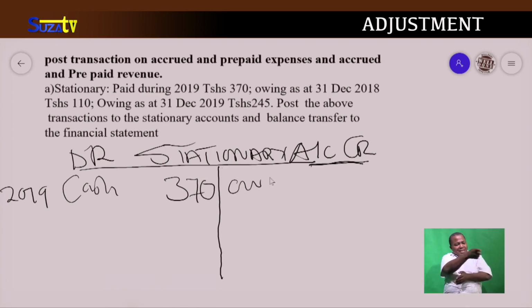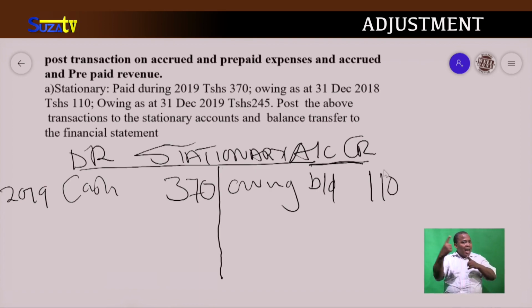You put here owing BD, how much? 110. And then after putting here, we come to the question. Owing as at 31st December 2019 is Tanzania shillings 245.